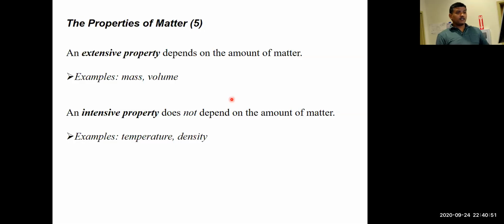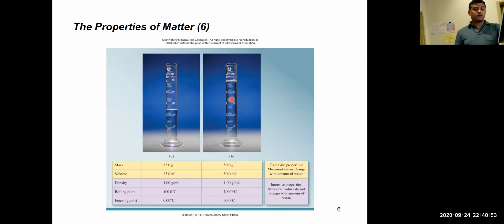So if you look at these examples, two different graduated cylinders are filled with 25 ml of water and 50 ml of water. One is only going to weigh 25 grams, but graduated cylinder B is going to weigh 50 grams. So they were weighing differently because mass is an extensive property. Volume is also an extensive property.